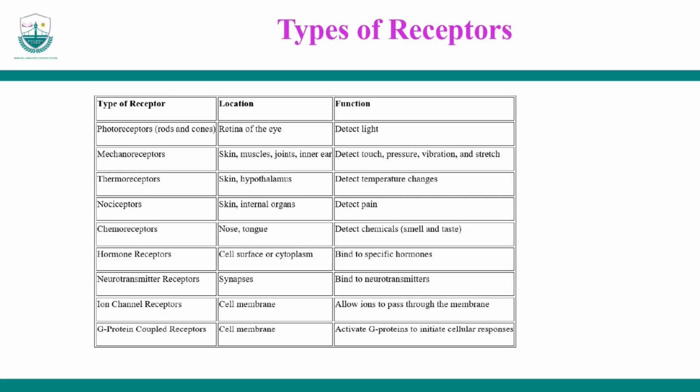And then we have what we call pain receptors. They are the ones that we call the nociceptors. Nociceptors are the ones that detect pain. So if someone pinches you, then you'll be able to feel that someone is pinching you, because the skin has these pain receptors.